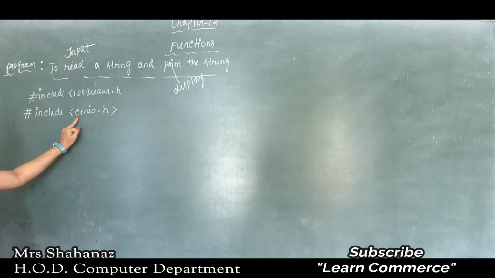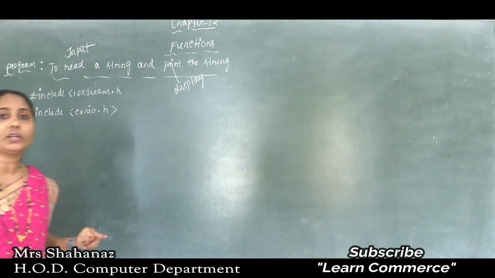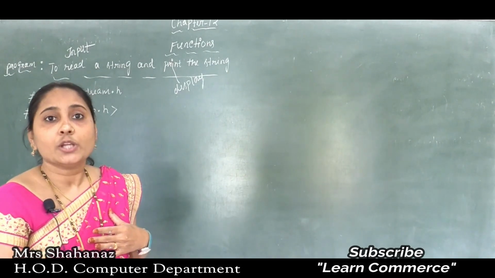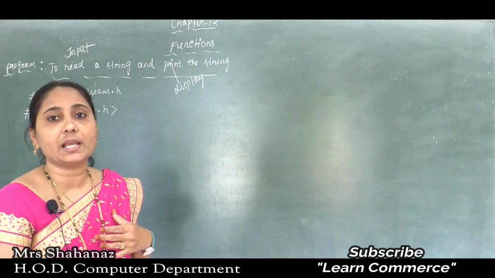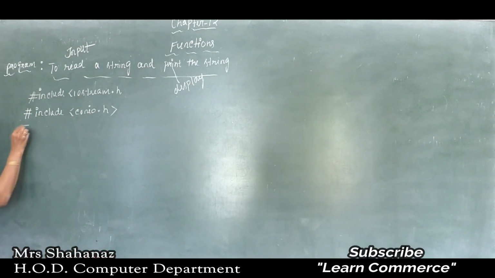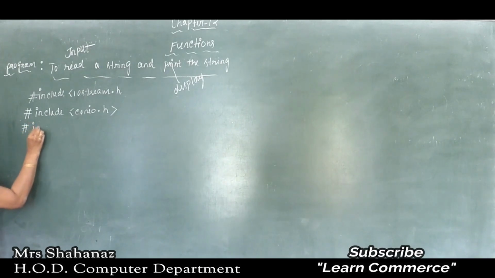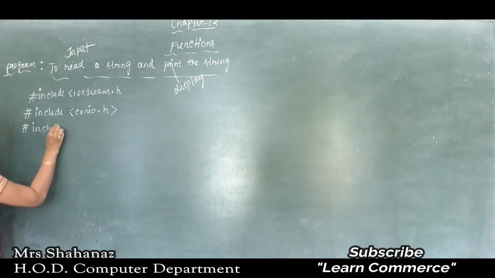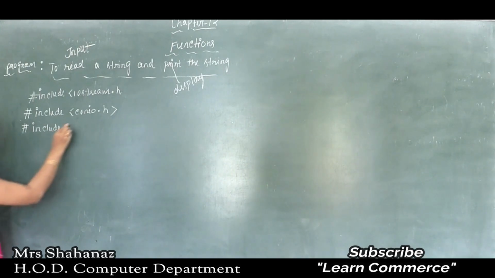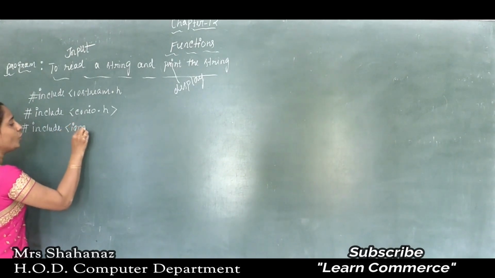We also need to use the header file conio.h. Why are we using this header file? To use the functions clrscr or getch. And in case you want to display any information one after another, then the header file iomanip.h is used.